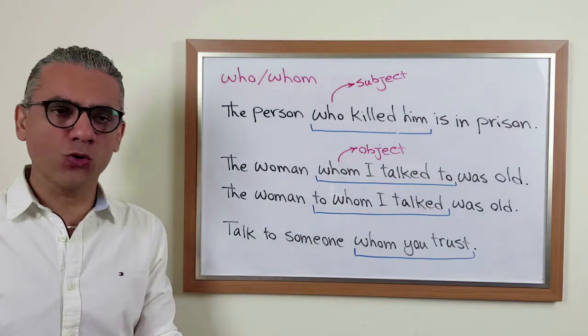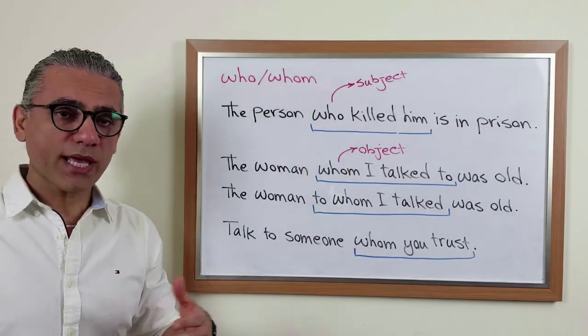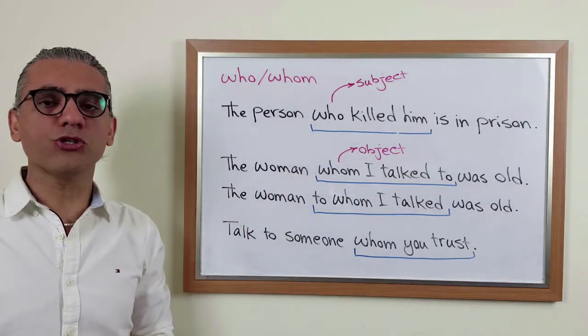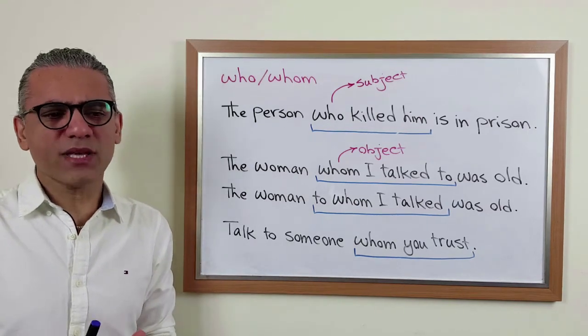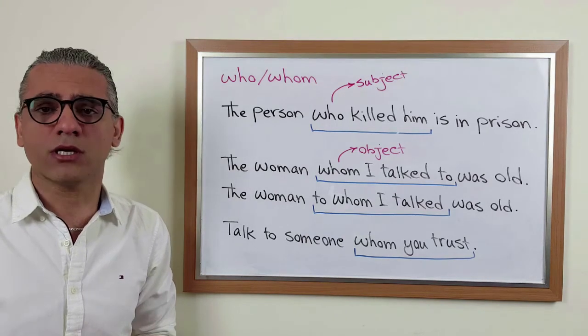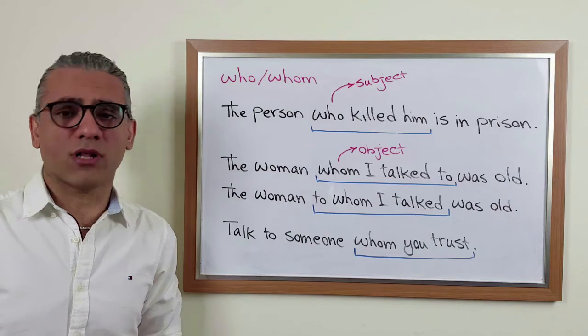When we use who, you should be describing the subject of the sentence. If this is the object of the sentence or the clause, you need to use whom. But listen, whom is rarely used these days, especially in spoken English. So it is mostly used in formal language.